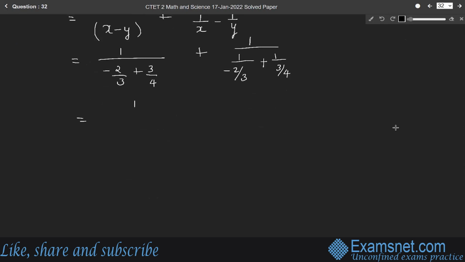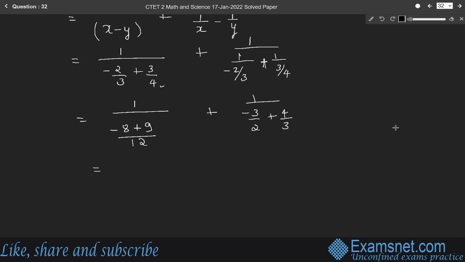We can simplify here itself. So LCM of 3 and 4 is 12. So here 3 into 4 is 12. So minus 8 plus 4 into 3 is 12. Therefore it is plus 9. Before going to the addition part, here 1 by minus 2 by 3 can be written as minus 3 by 2 plus 4 by 3, right?